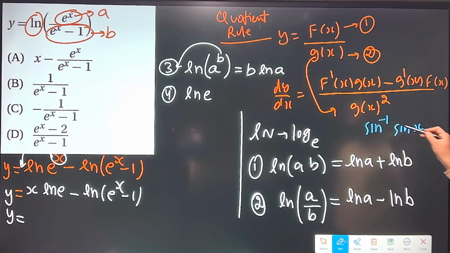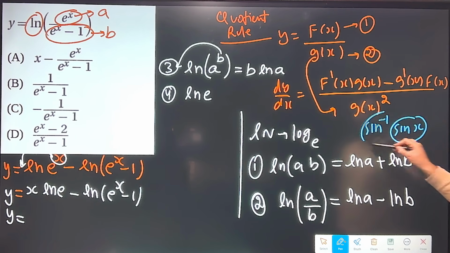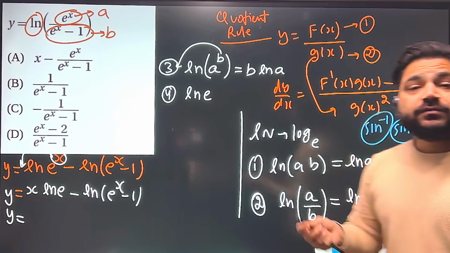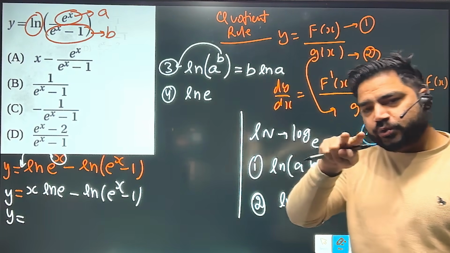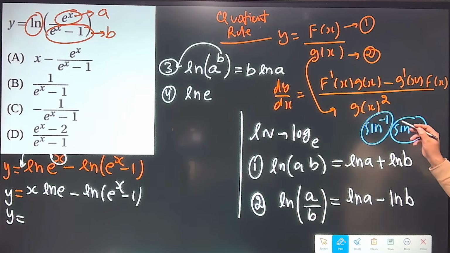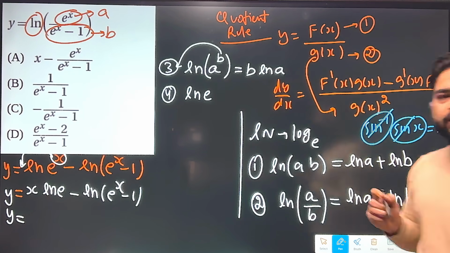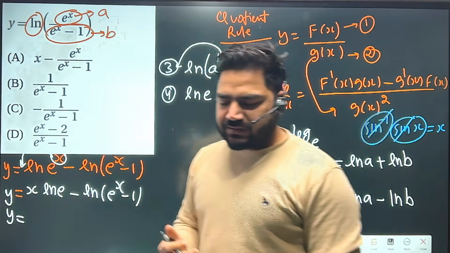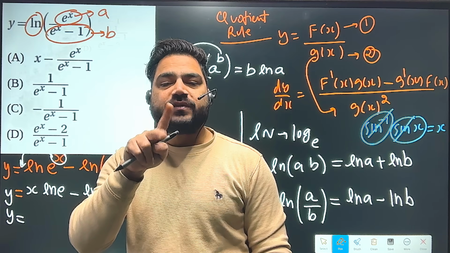Sine function is normal trigonometry, sine inverse is inverse trigonometry, and if these two functions come together in a pair, then sine inverse and sine will cancel each other and only x will be left. Why did sine inverse cancel sine? Because they are opposite functions.